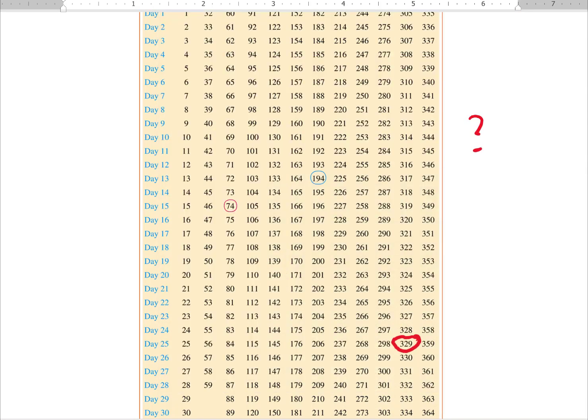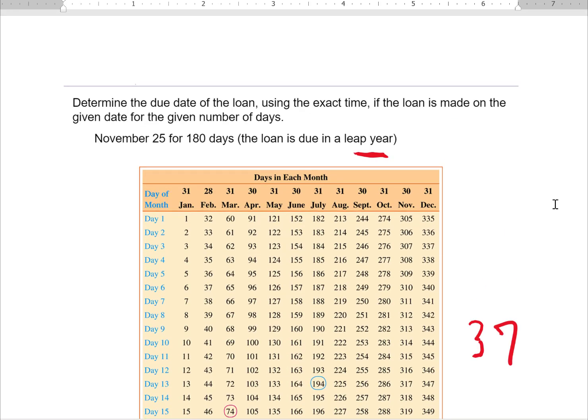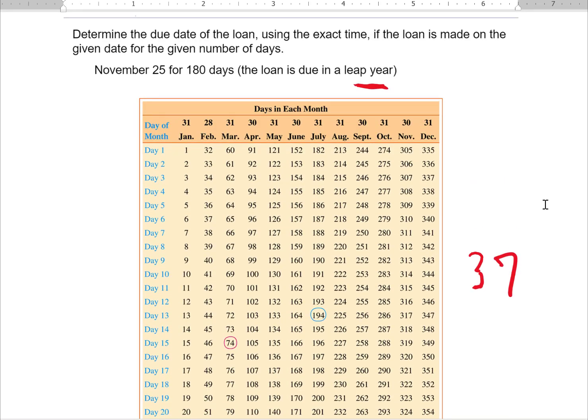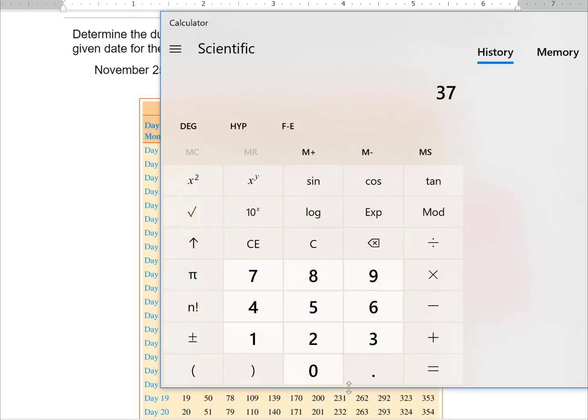So I've got 37 days until the end of the year, and I want to go to 180 days, so I'm going to take 180 days and subtract 37 days to find out how many days I need to go into the new year. I'm going to take 180 and subtract the 37, and so I need to go 143 days into the new year.